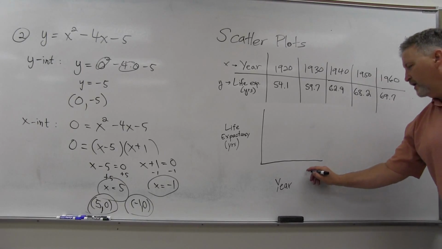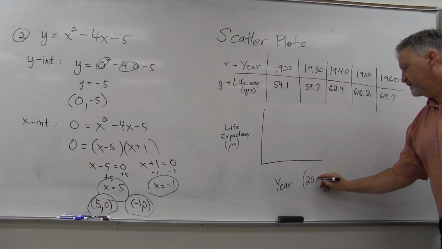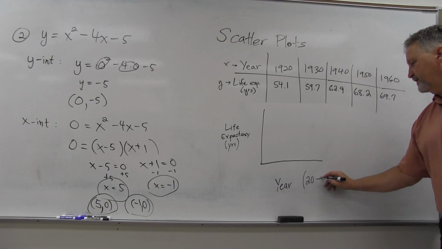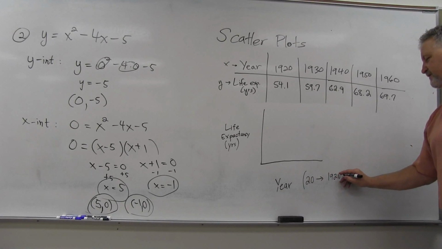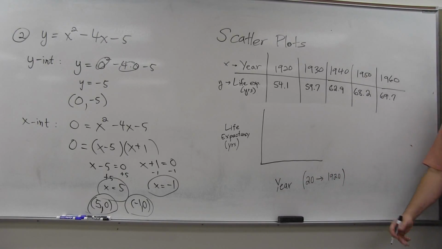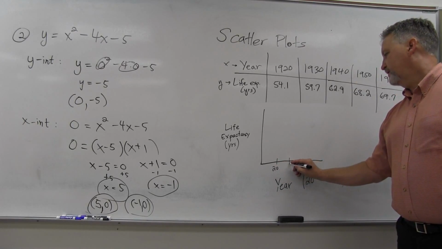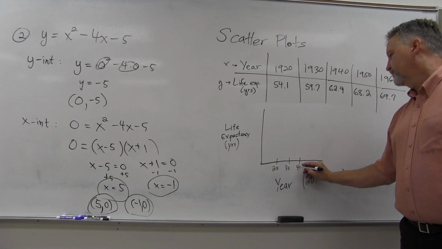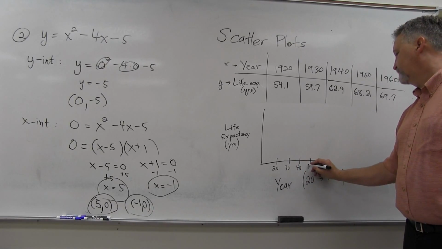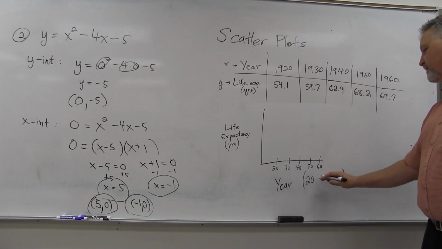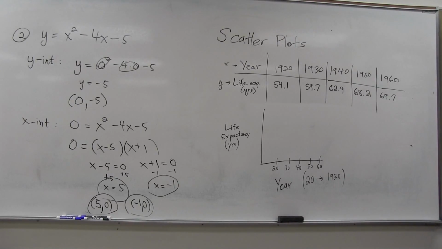X is 20, that's going to be 1920. I could go ahead and write 1920, but it would probably look better if I do my years like that. So I've got 20, 30, 40, 50, 60. Whatever we do, just make a notation that that's what it means.